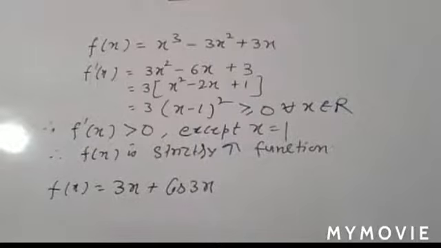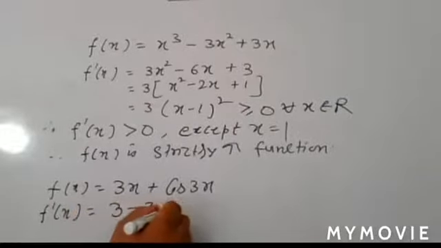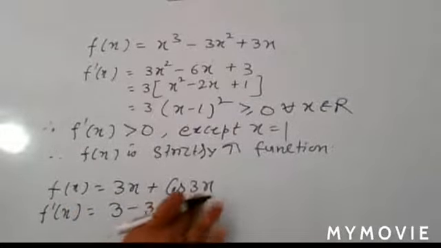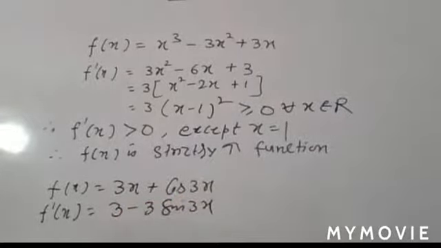So, taking its derivative, f dash x is equal to 3 minus 3 sin 3x. Any doubt?